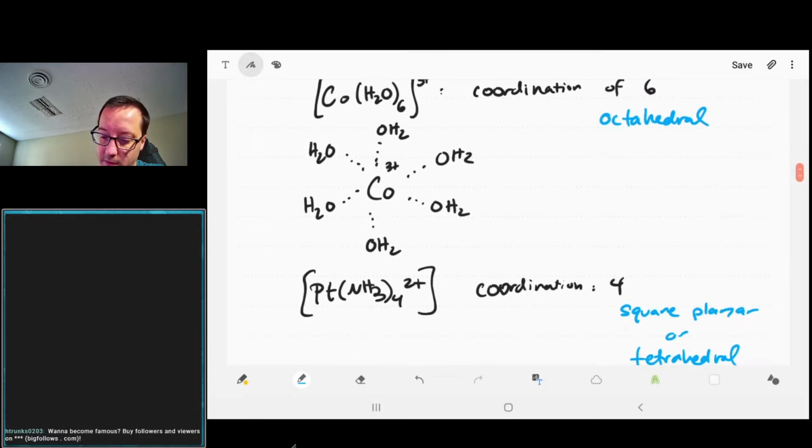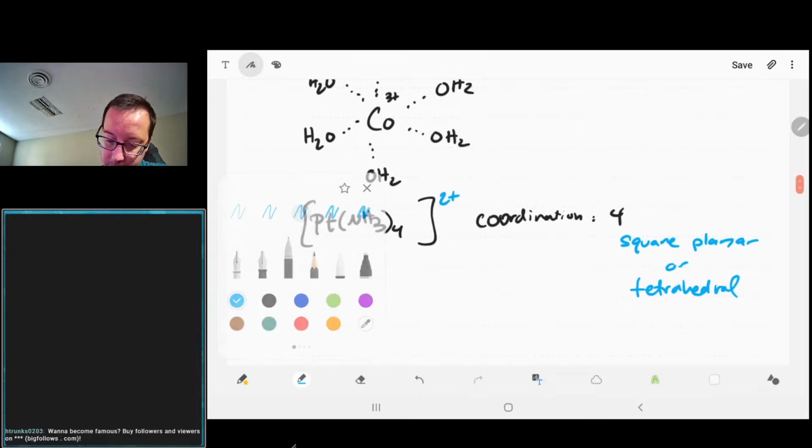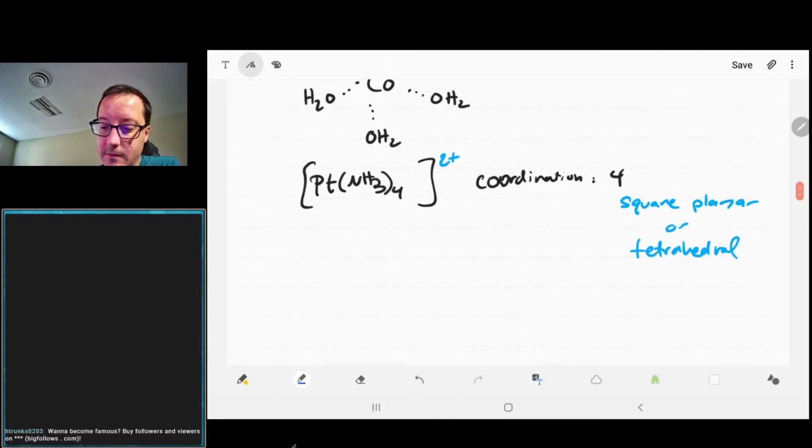Oh, I'm sorry, I put the 2 plus on the inside here. If we look at how these work, we see that this is a complex ion, right? This is not a compound, it's an ion. We know that because it has a charge, right? Compounds can never be charged.